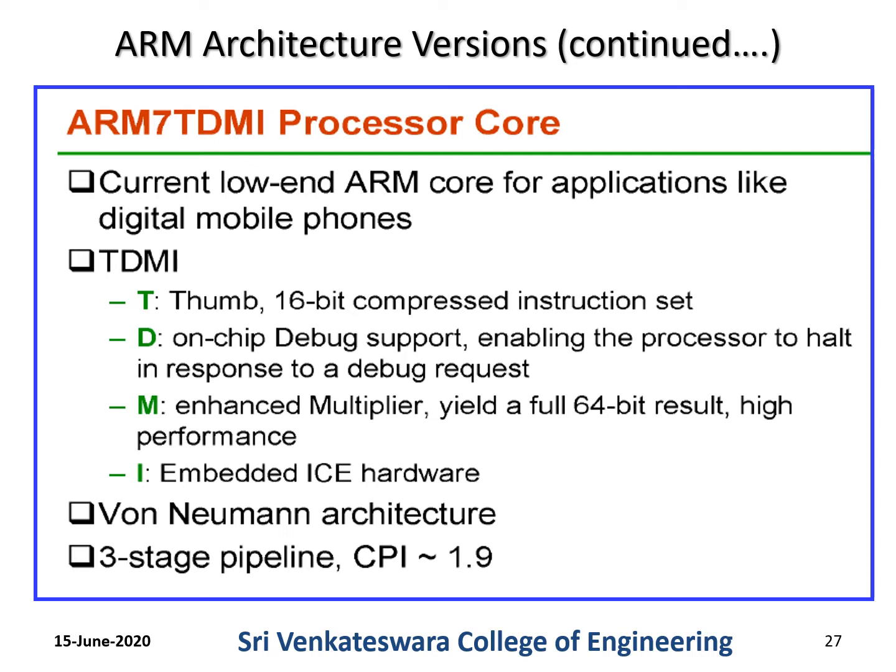There are special hardwares which can be used to debug, and M stands for enhanced multiplier, which can give a full 64-bit result and is used for high performance. I stands for embedded ICE hardware. ICE stands for in-circuit emulator. So in the naming convention, if these mnemonics T, D, M, I are present, it gives this information about the processor.